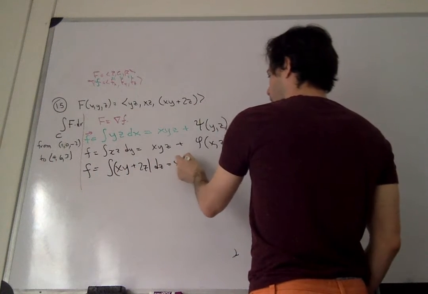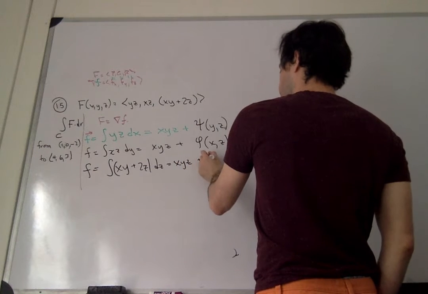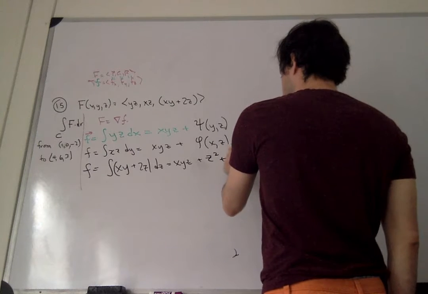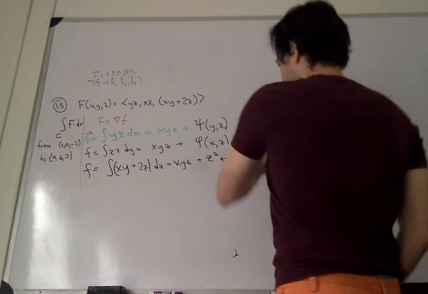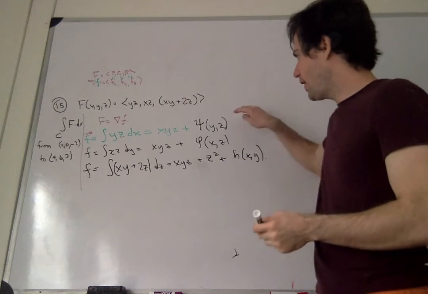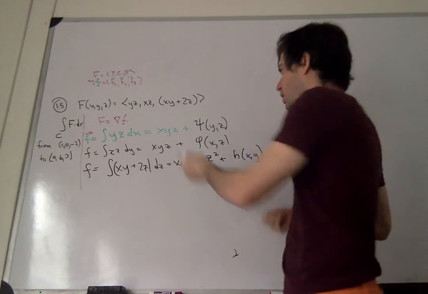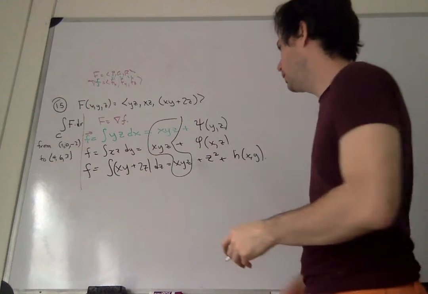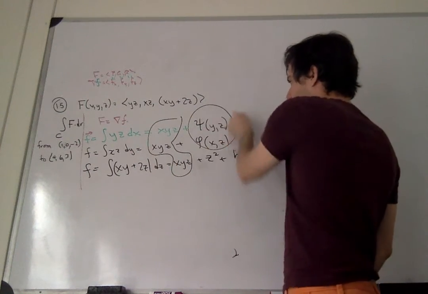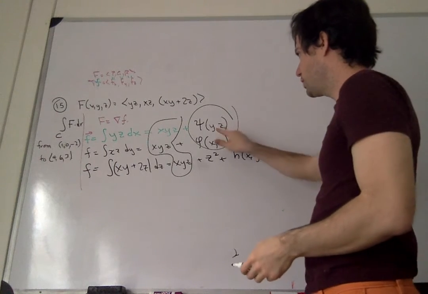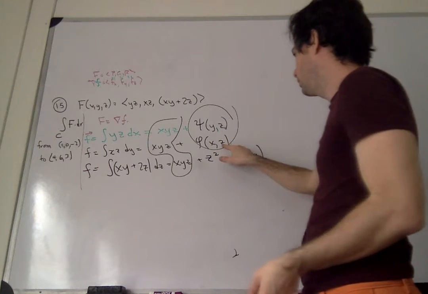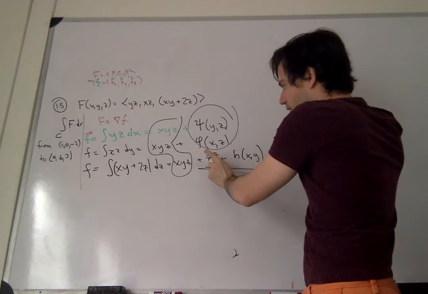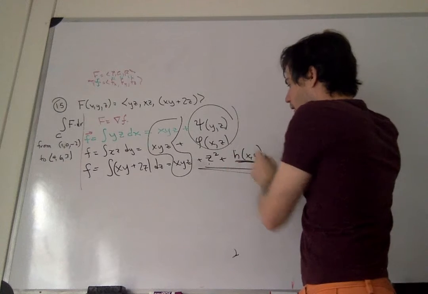So I'm going to pick up xyz plus z squared plus a function of x and y. Now look, if I compare these 3 functions, I see this common theme, xyz. Here I have these 2 functions that are functions of y and z and x and z. The thing left over is z squared plus a function of x and y.